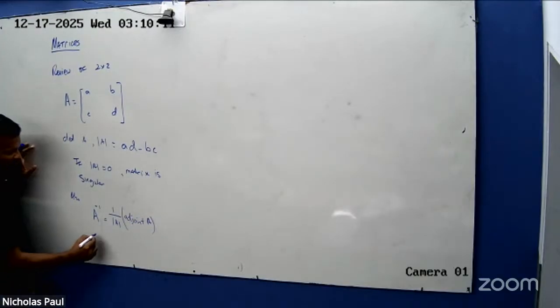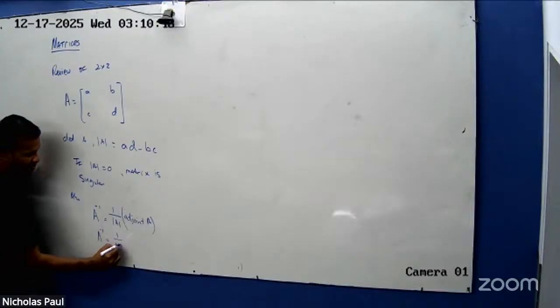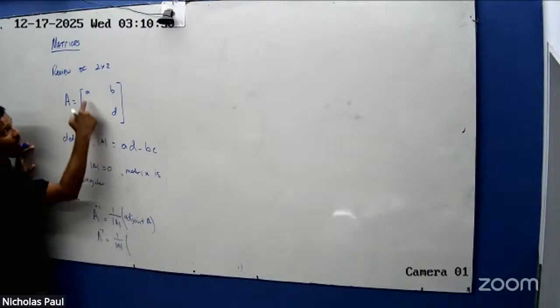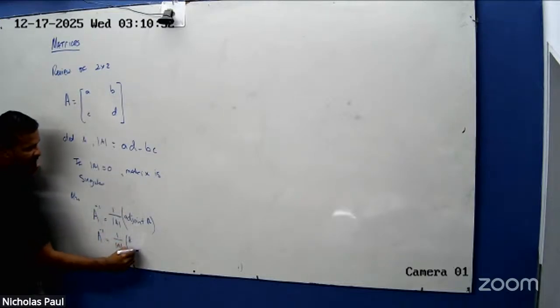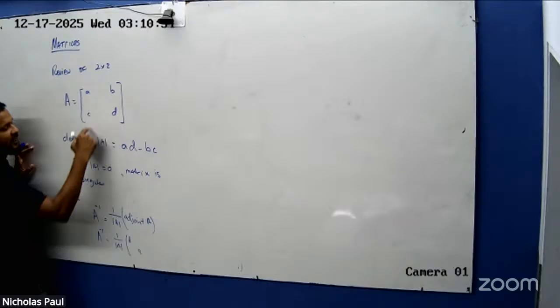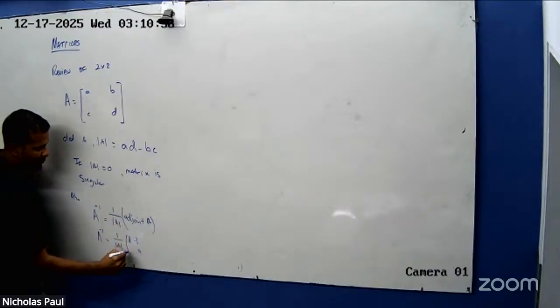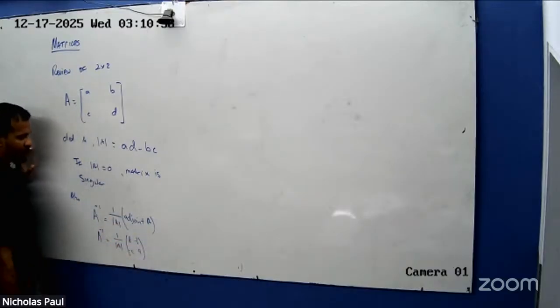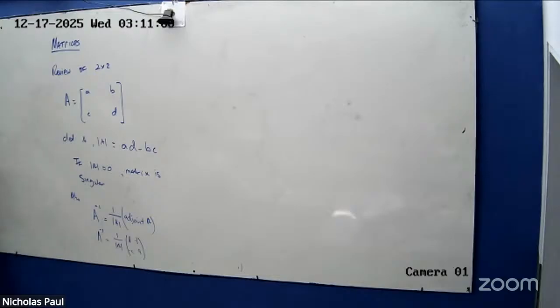Adjoint, real simple, is where we switch around the positions of A and D, and change the signs of B and C. Right? That's the way you find the inverse. We have to do everything here for 3 by 3. We have to do the same things for 3 by 3.